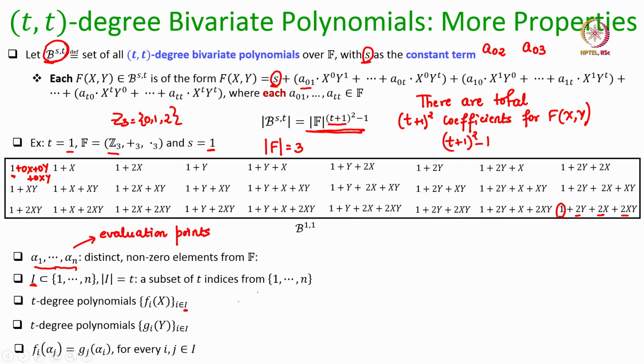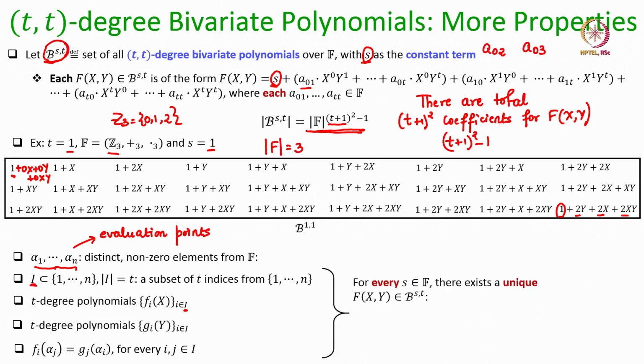And those x and y polynomials have the property that they are pairwise consistent. They are pairwise consistent in the sense that if I take the ith x polynomial and evaluate it at x equal to alpha j, then that value will be same as the jth y polynomial evaluated at y equal to alpha i.